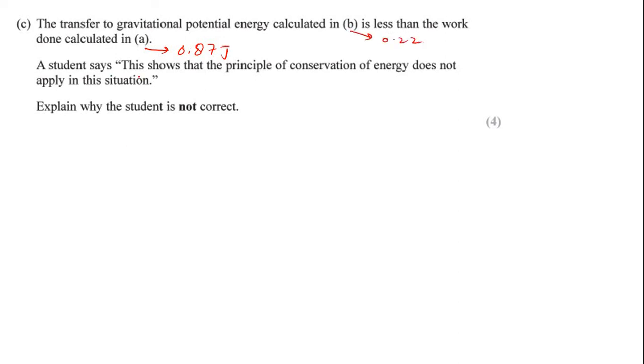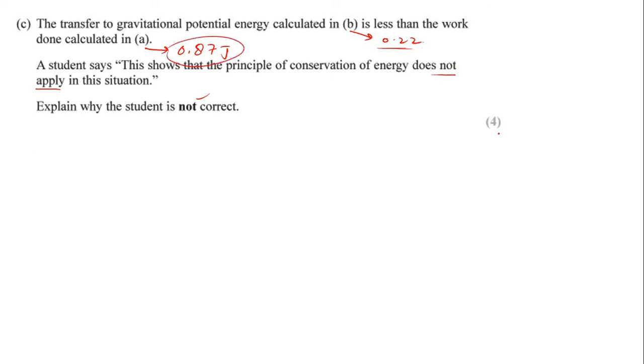Our student says this shows that the principle of conservation of energy does not apply in this situation. So explain why the student is not correct. Indeed, of course, the one line answer is because there is energy loss. Energy is lost during this process. That's why the gravitational potential energy is not the same as the energy stored.